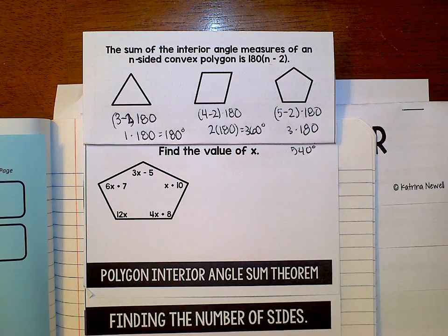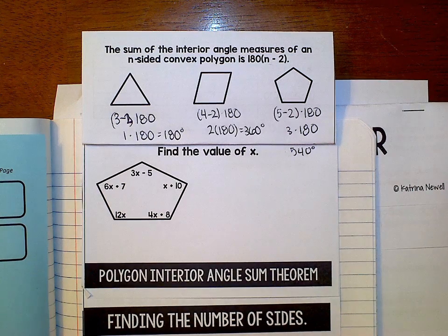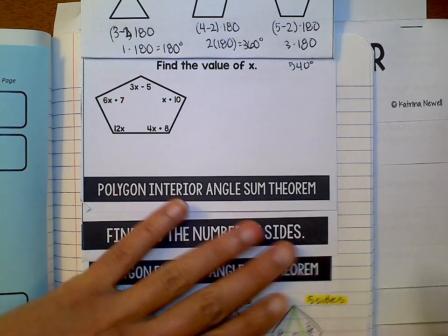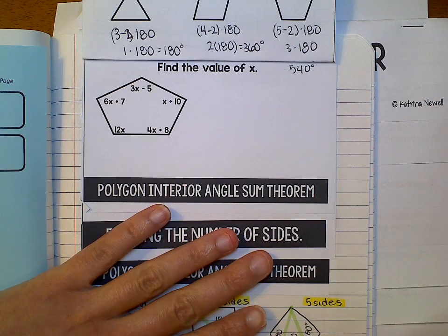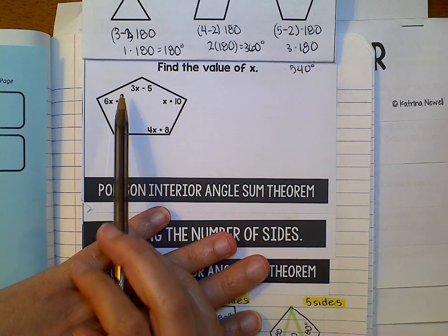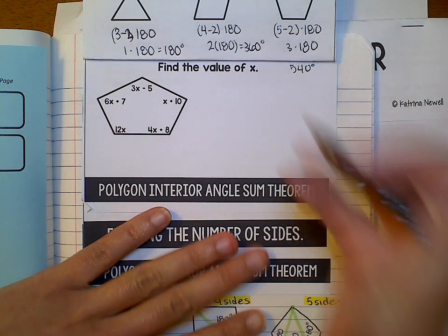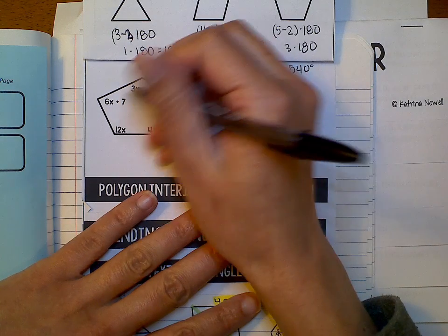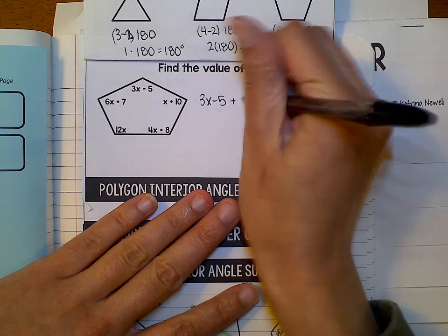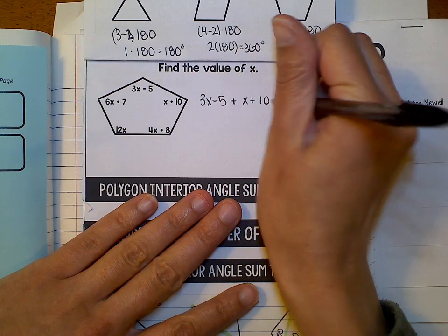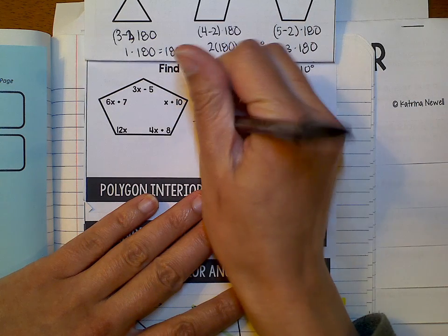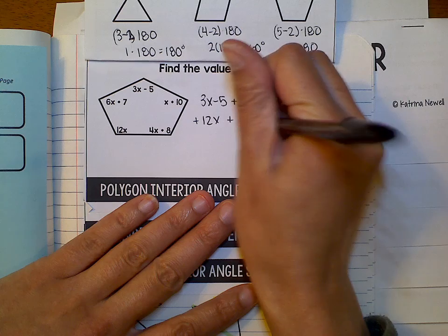Now it's pretty easy to find all those, and I'm not asking you to memorize them, that would be insane. So if I were to add some math to it now, I just need to know how many sides I have. So in this shape here we have 5 sides, so if I add all these, so the 3x minus 5 plus x plus 10 plus 4x plus 8 plus 12x plus 6x plus 7.